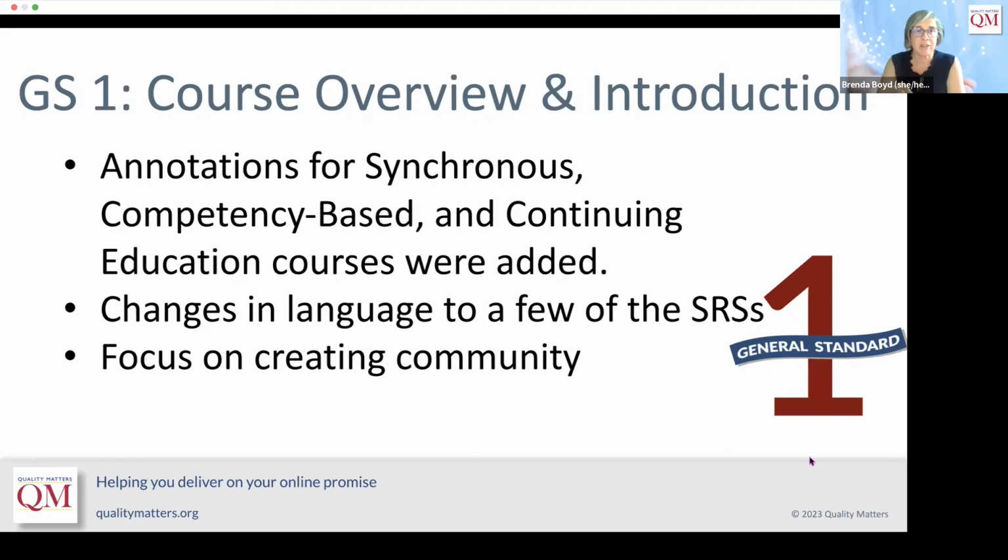You will see some caveats in the annotations around, if it's self-paced and learners can't introduce themselves in the course, then that can be marked met, right? Because we know that's not going to happen in a self-paced continuing education course. So those types of things have been added into the annotations for General Standard 1.